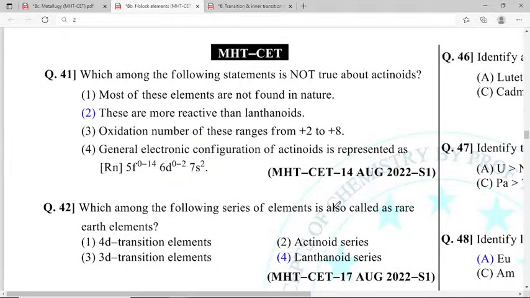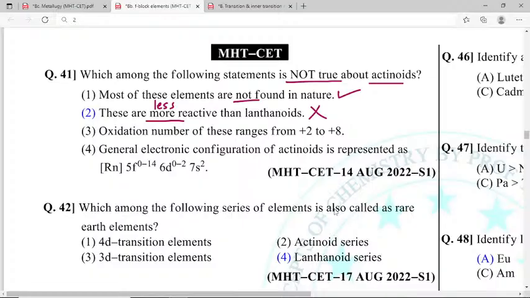Which among the following is not true about actinoids? Most of these elements are not found in nature. Not found in nature, this is not true. The actinoids say most of the elements are not found in nature. These are more reactive than lanthanoids. No, this is not more reactive, this is less reactive.